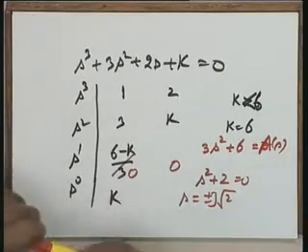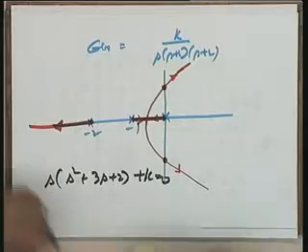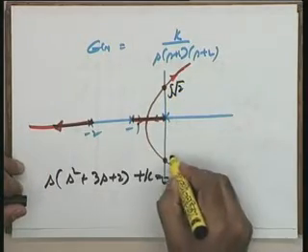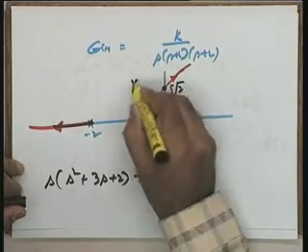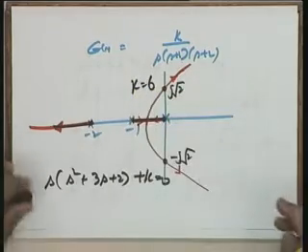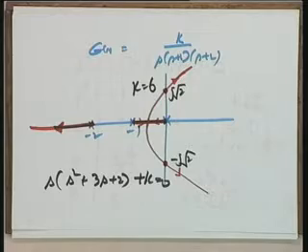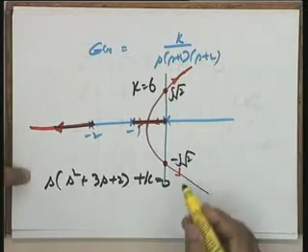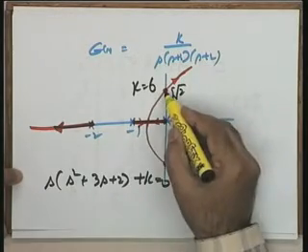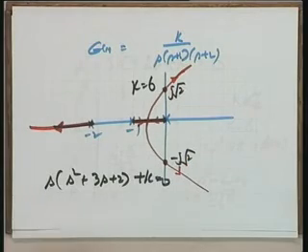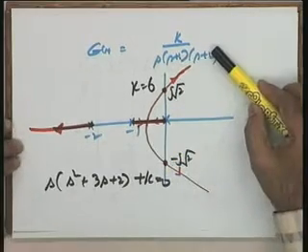So, in this particular case, it is obvious, going back to the original root locus, at this particular point, j under root 2, minus j under root 2 and k is equal to 6 is the point coming over here. So, if you have k is equal to 6 and j under root 2, minus j under root 2 as the points available, it is a great help to you.